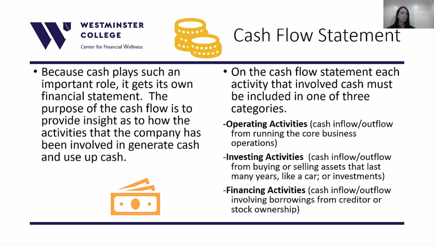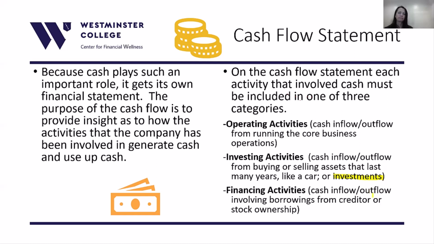We'll learn a little more about what those mean, but just briefly, operating is exactly like it sounds. It's me running my business. It's our lawn care company mowing lawns. Investing activities is going to be our company buying long-term assets, something that lasts more than a year, or possibly buying investments. If they have some extra cash sitting around, they could buy some investments to utilize some of their cash.